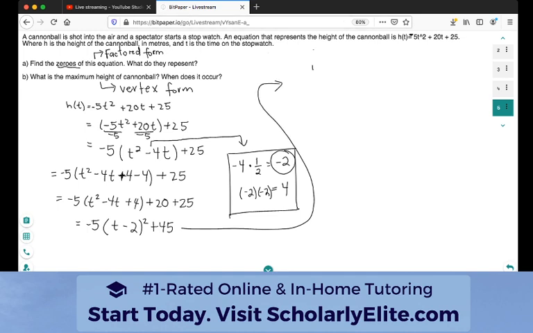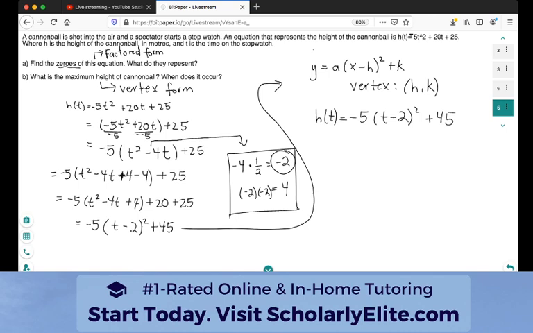So if I'm looking at this in terms of my vertex form, which we know looks like this, and we know that the vertex is described as (h, k), and we know that the h term is always the opposite sign of what it is in the equation, and I'm looking at this format, which is h of t equals negative 5 (t minus 2) squared plus 45.